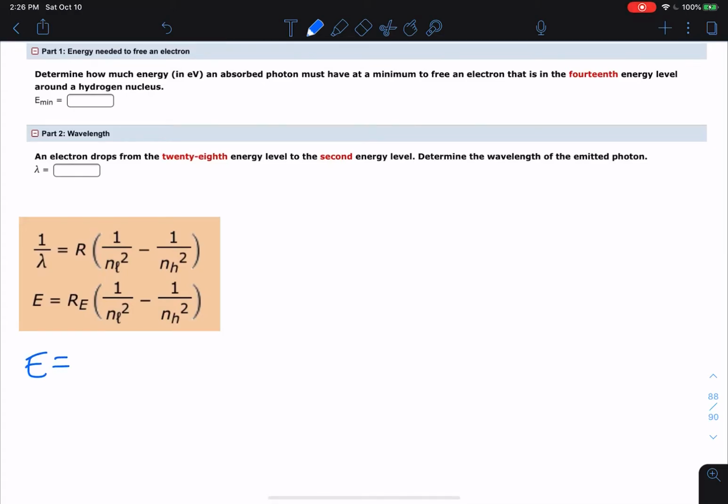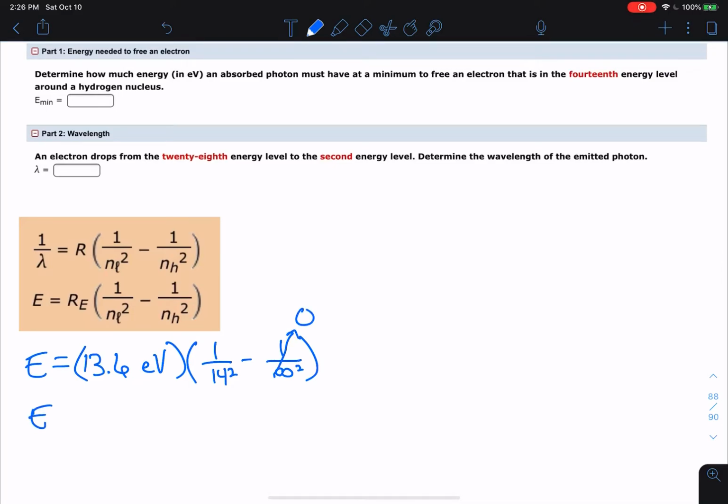So I need the Rydberg energy, which is 13.6 electron volts, times 1 over, now I need the lower energy level. The lower one is 14, and I got to square that. And then the higher one, we're trying to free the electron, so that means the energy level is infinity, and I got to square that. 1 divided by infinity is 0, and 1 divided by infinity squared is obviously still going to be 0.